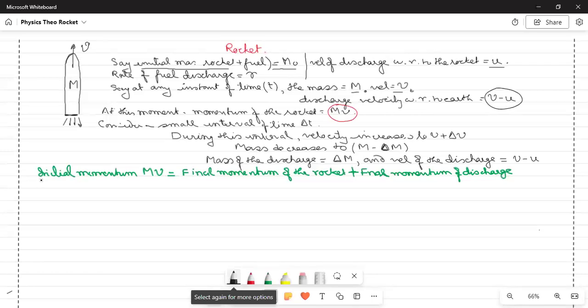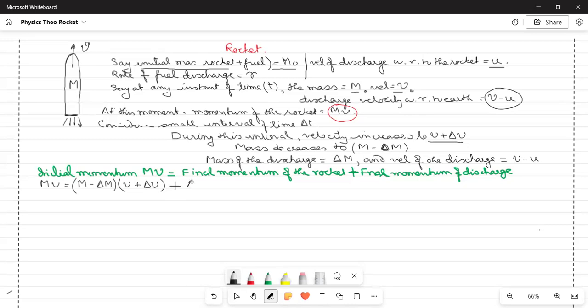Now, the initial momentum is mv. And what is the final momentum of the rocket? The final mass of the rocket is capital M minus del m, and the final velocity of the rocket is v plus del v, plus the final momentum of the discharge.